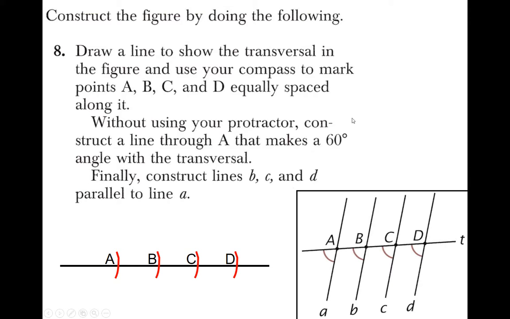And now you'll notice right here they want a 60-degree angle without using your protractor. Well, think for just a minute. What kind of triangle has 60-degree angles in it? So maybe you'll be able to think that one through. Hint is start with your compass right here on the end. If you haven't changed it when you made this original arc, you're going to be in business.